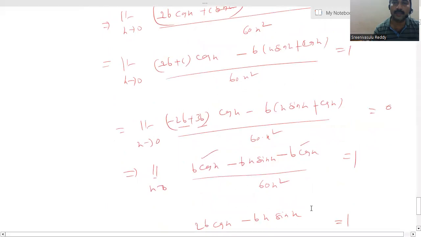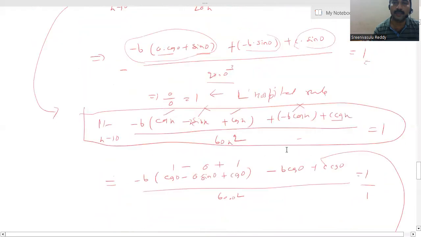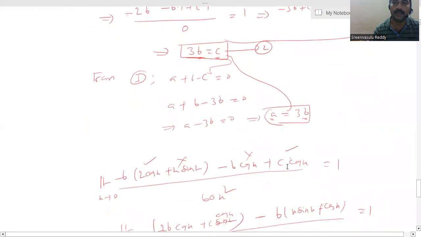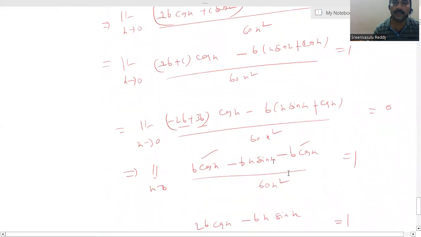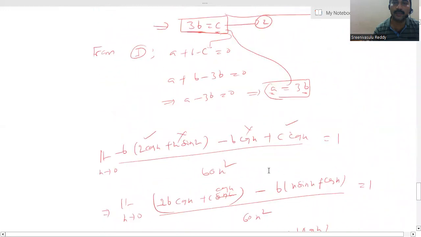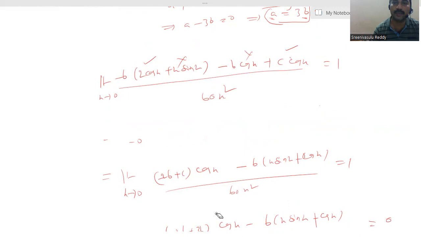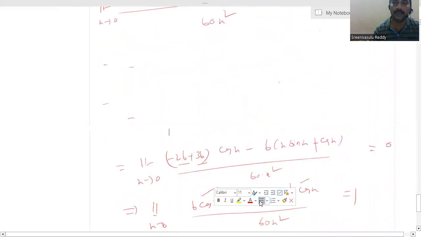Anyhow, 0 by 0 form. Just remember, if you have any confusion, simply leave it. Just derive one more time. You don't spend too much time. I am erasing. Just take a derivative.